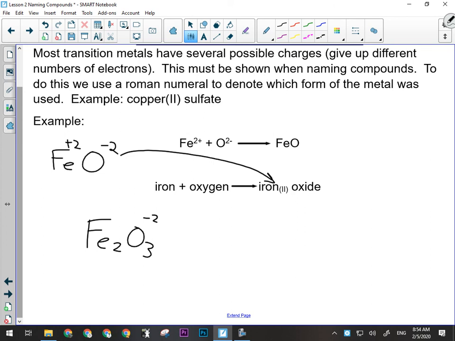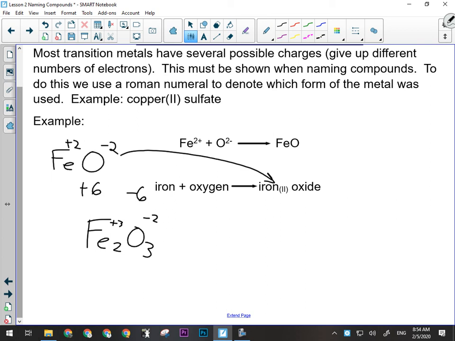If there are 3 of them, then I have 6 negative charges. That means from these 2 iron atoms, I need to get how many positive charges? 6. If I'm going to make this compound equal 0, I have to get 6 positive charges from these 2 irons. So each one of these irons has a charge of 3.